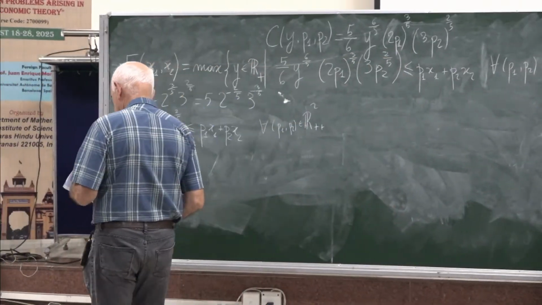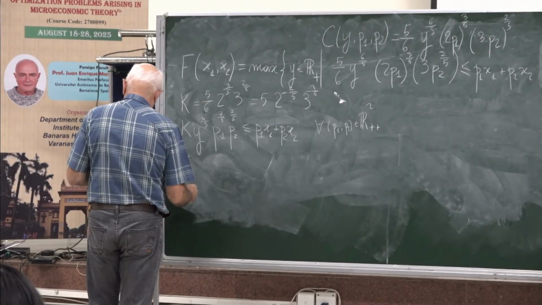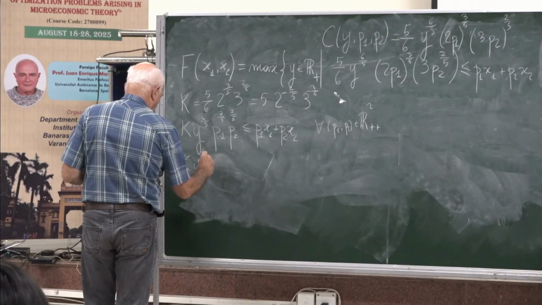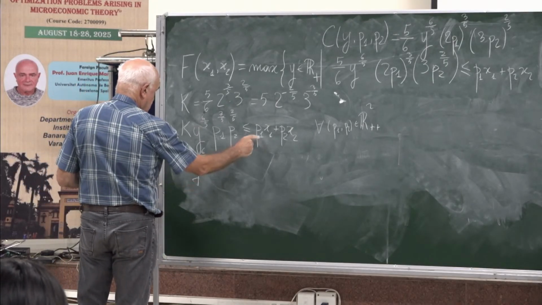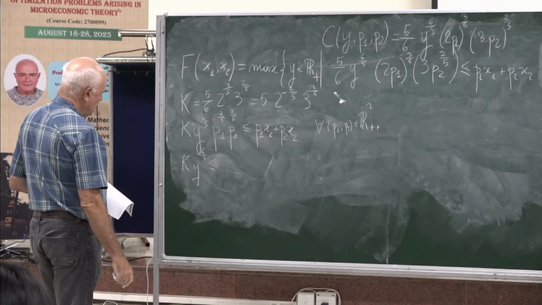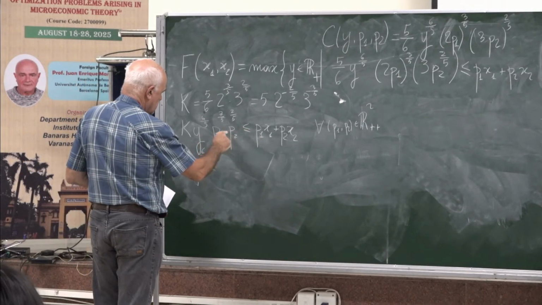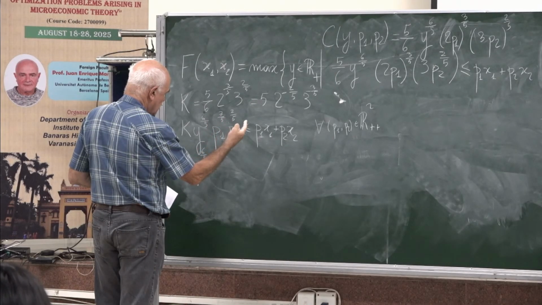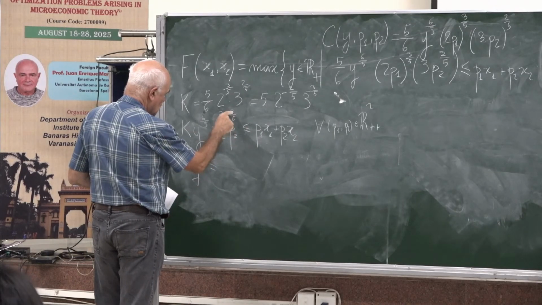So this means k y to the power 6 over 5 less than or equal to, I divide the right hand side by these powers of P1. So P1 divided by P1 to the 3/5 is P1 to the 2/5, and here we have also 2 over 5.